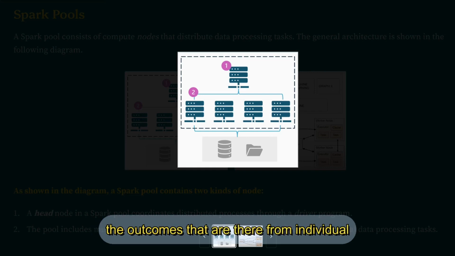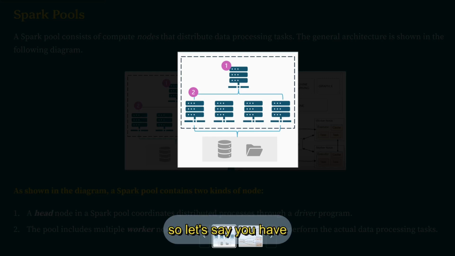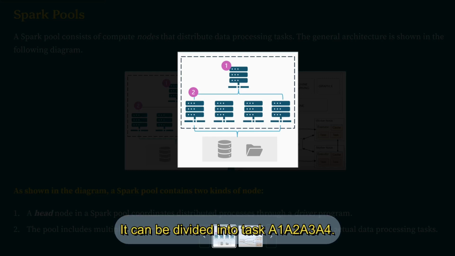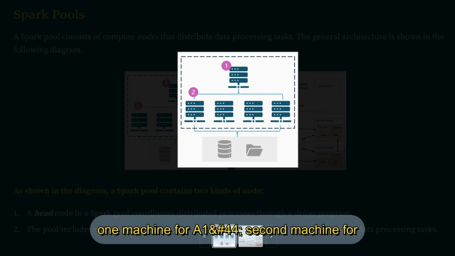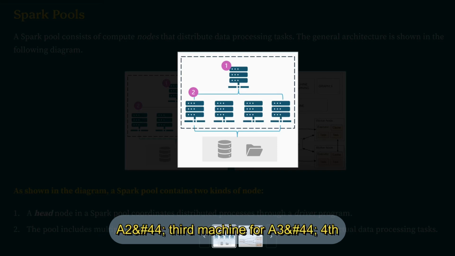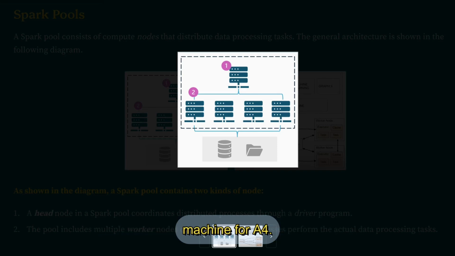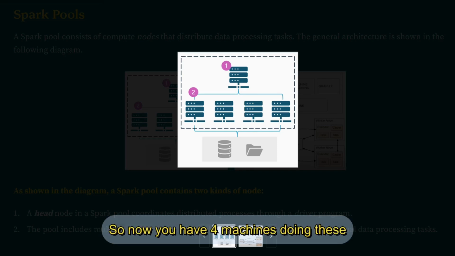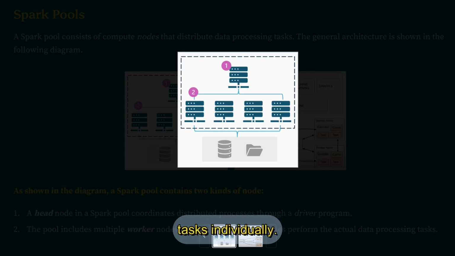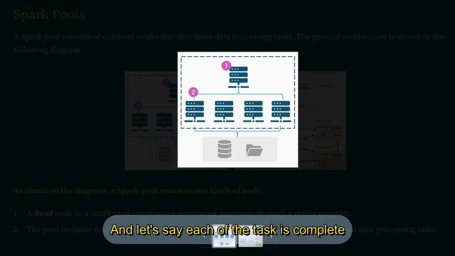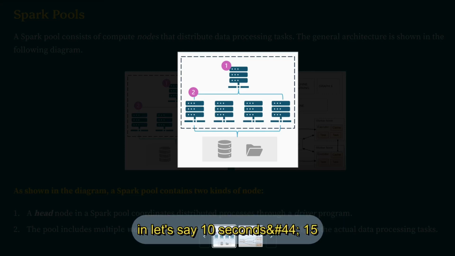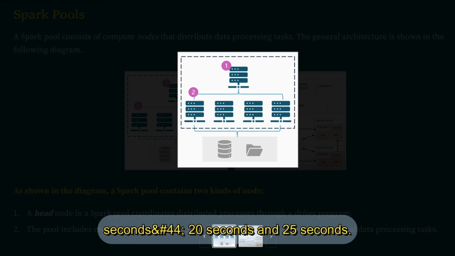So let's say you have task A. It can be divided into tasks A1, A2, A3, A4. So let's say you use 4 machines for that. One machine for A1, second machine for A2, third machine for A3, fourth machine for A4. So now you have 4 machines doing these tasks individually. And let's say each task is completed in 10 seconds, 15 seconds, 20 seconds, and 25 seconds.